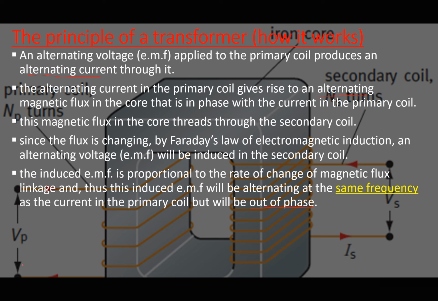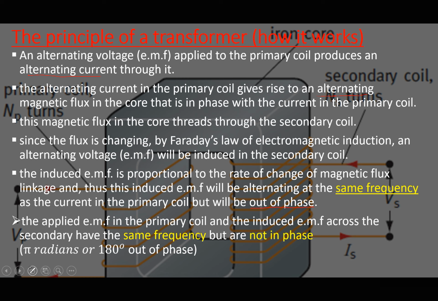So the applied EMF in the primary coil and the induced EMF across the secondary have the same frequency, that is number of cycles per unit time, but they are not in phase. In other words, they will be 180 degrees out of phase. I am saying, according to Faraday's law, an EMF is induced when there is a change in magnetic flux. In fact, the magnitude of the induced EMF is directly proportional to the rate of change of magnetic flux linkage.